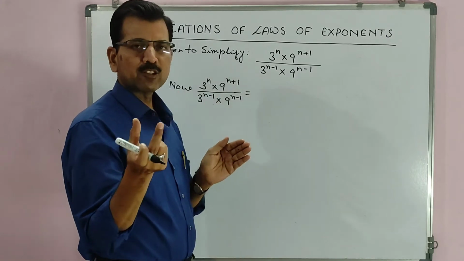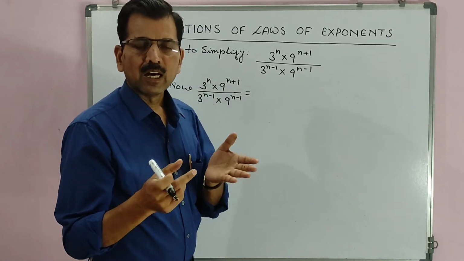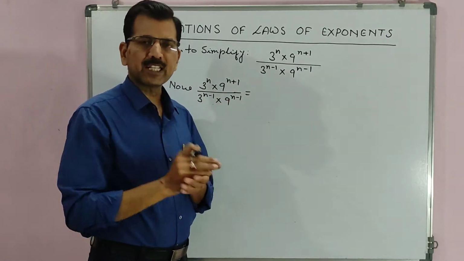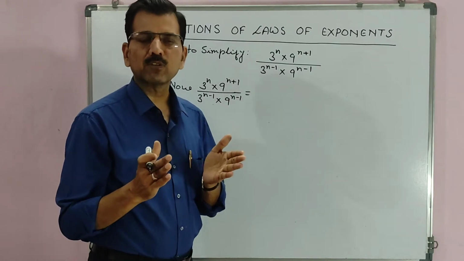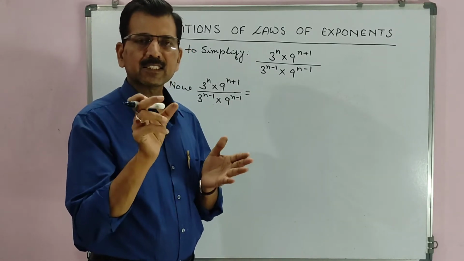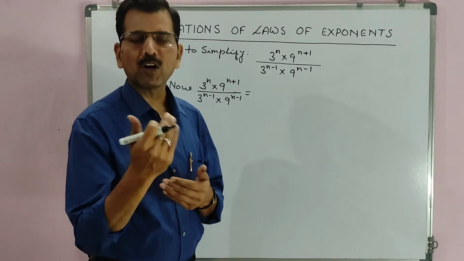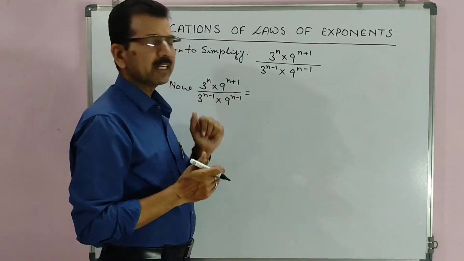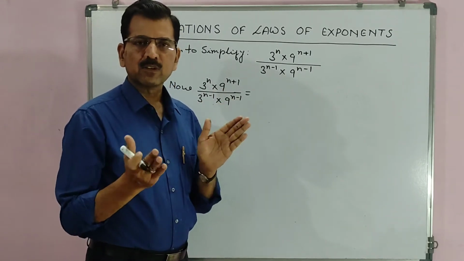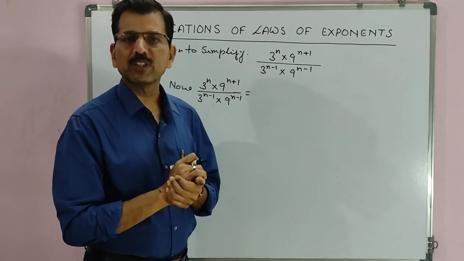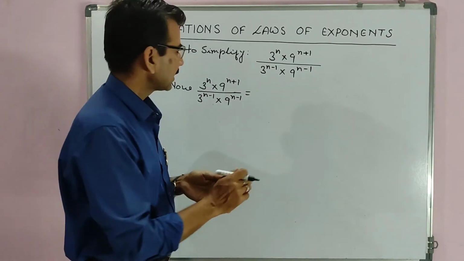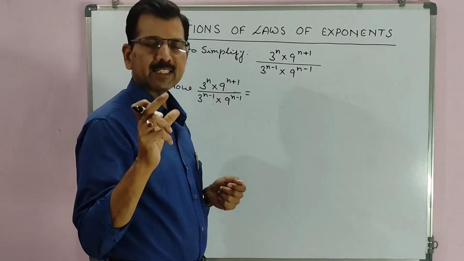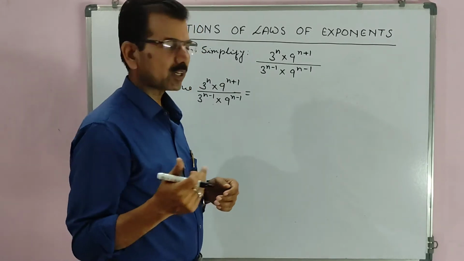So we can try to bring 9 also in terms of 3. If 9 can be expressed as a power of 3, then we can work with the same base. We know that 9 can be written as 3 square.